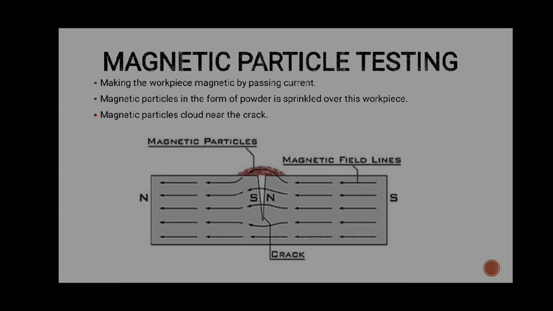By the presence of these remaining magnetic particles in the workpiece, the location of surface defects can easily be spotted. One of the major disadvantages of magnetic particle test is it can be only used for surface defects and not for internal defects.